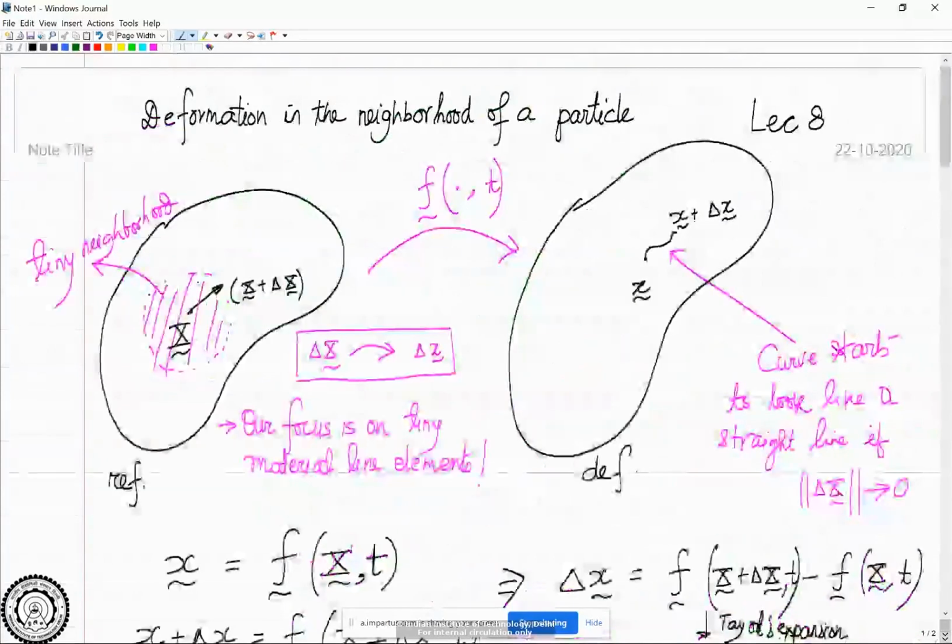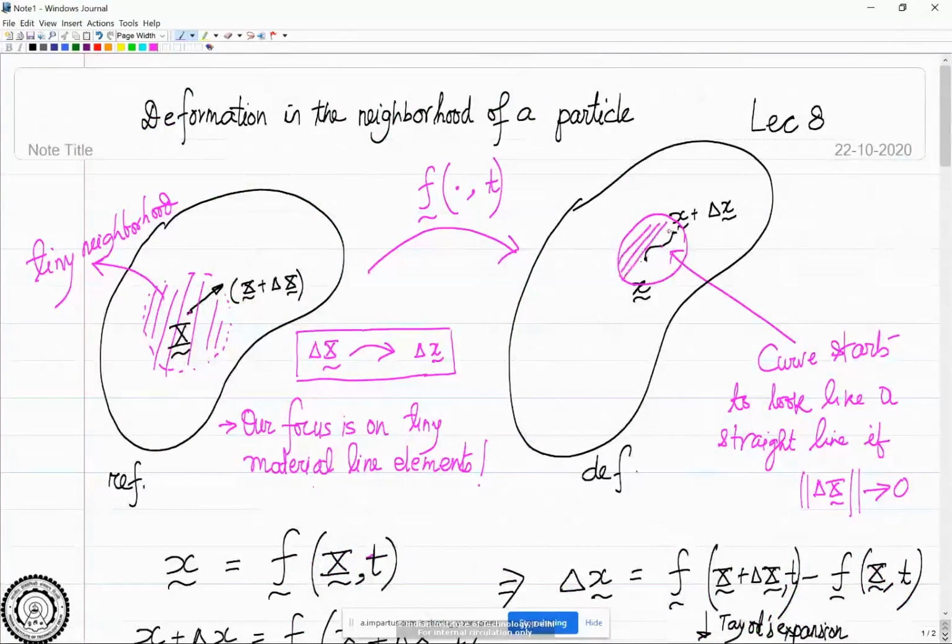A neighborhood around capital X transforms to a neighborhood in the deformed configuration, through the deformation gradient at capital X, because all the line elements are transforming through it.